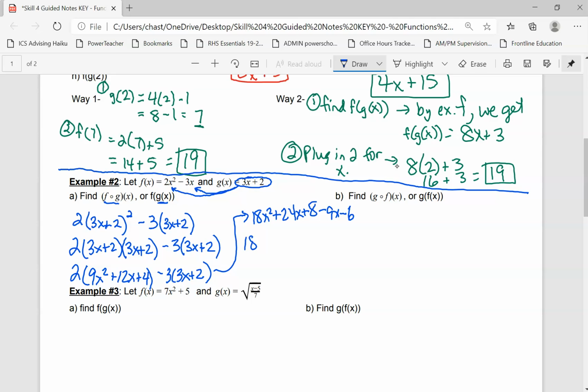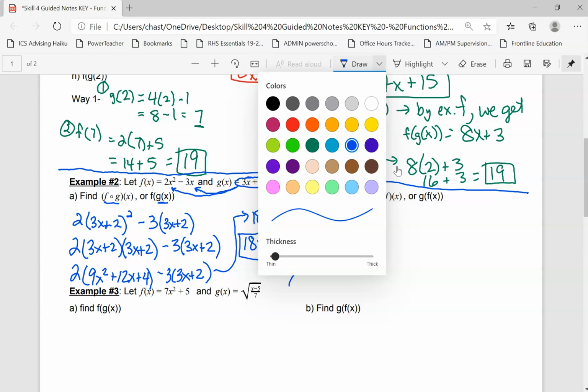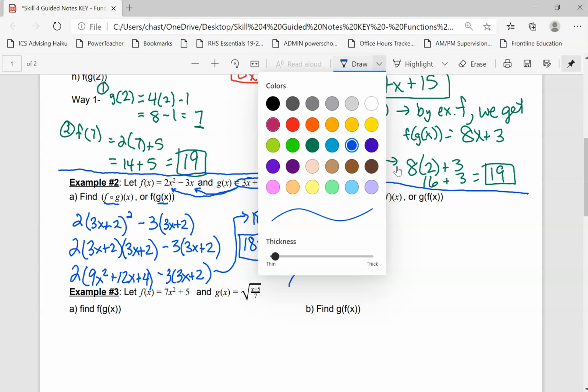So when I simplify that, I get 18x squared. So 24 minus 9 is 15x. 8 minus 6 is 2. Okay, and you might be thinking, oops, I no longer like this. Well, keep in mind that that was probably a little more on the challenging side of things.